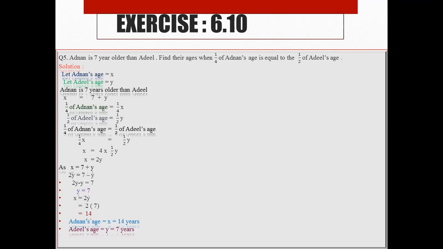Two equations we have: x is equal to 7 plus y, and the other equation is x is equal to 2y.